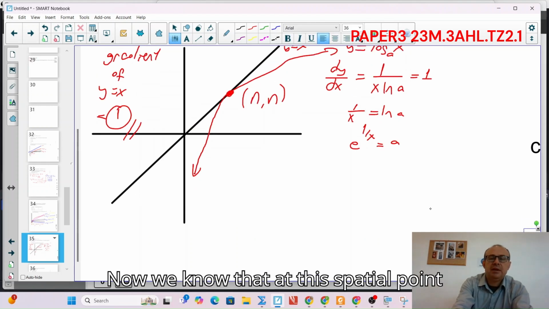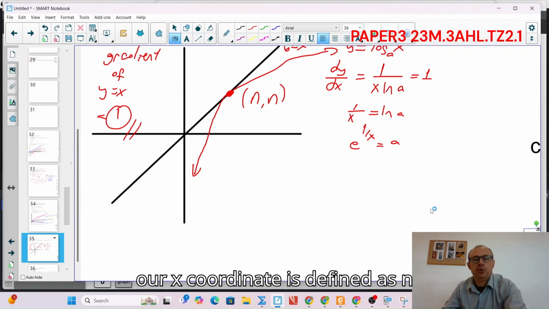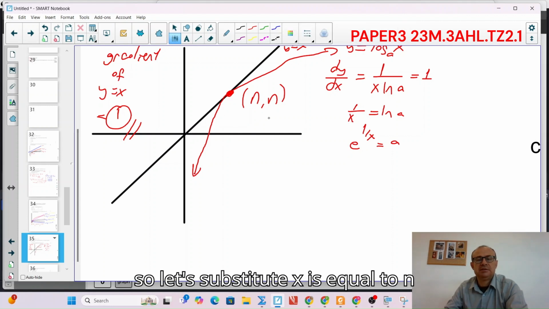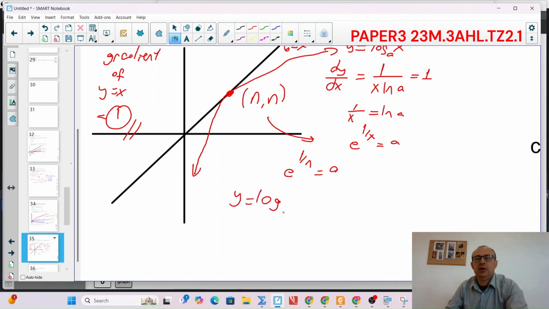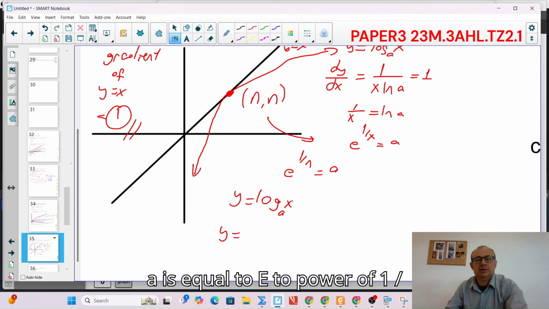Now, we know that at this special point, our x-coordinate is defined as n. So let's substitute x equal to n. And then e to the power 1 over n is equal to a. Now, our function is y equals log base a of x, and we said that a is equal to e to the power 1 over n.